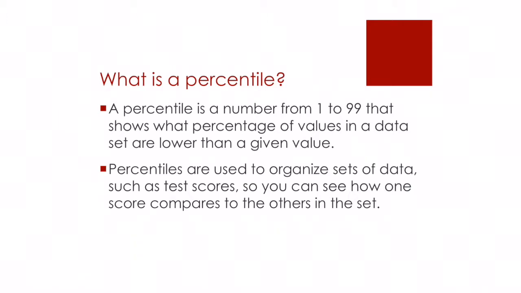Okay, so the first thing we need to know is what exactly is a percentile. So a percentile is just a number from 1 to 99 that's going to show what percentage of values in a data set are lower, or we often use the word below, a given value. And percentiles are used to organize sets of data like test scores, so you can see how one person compares to another.